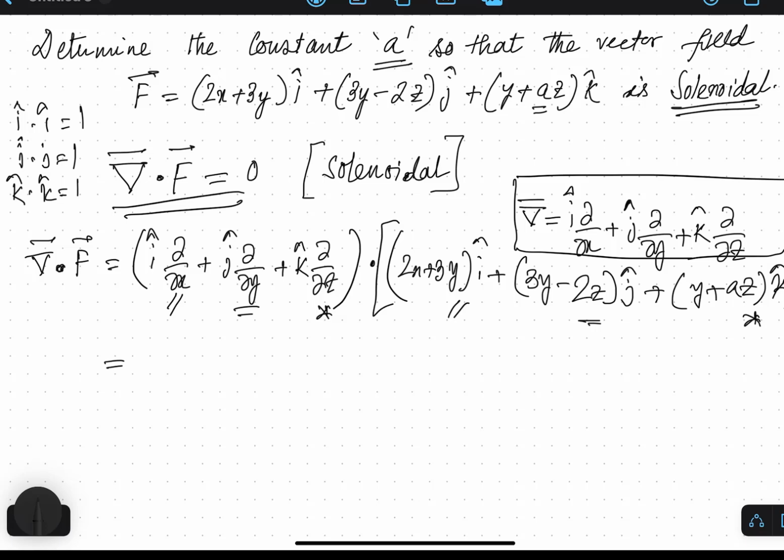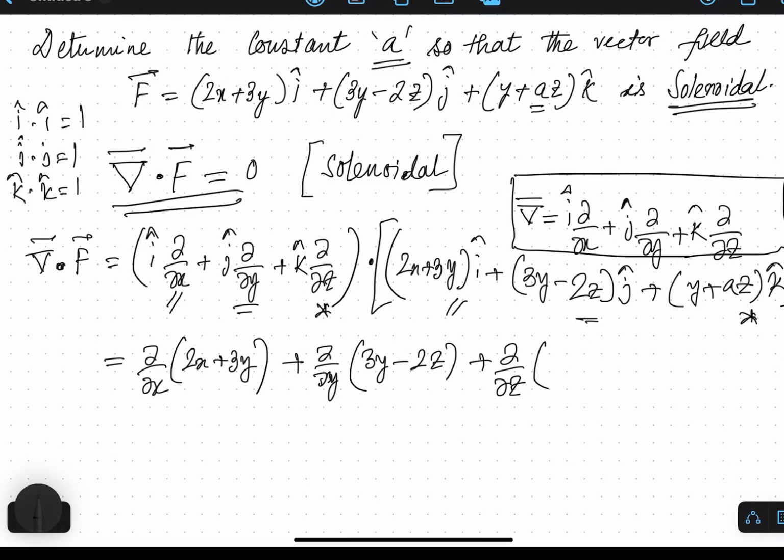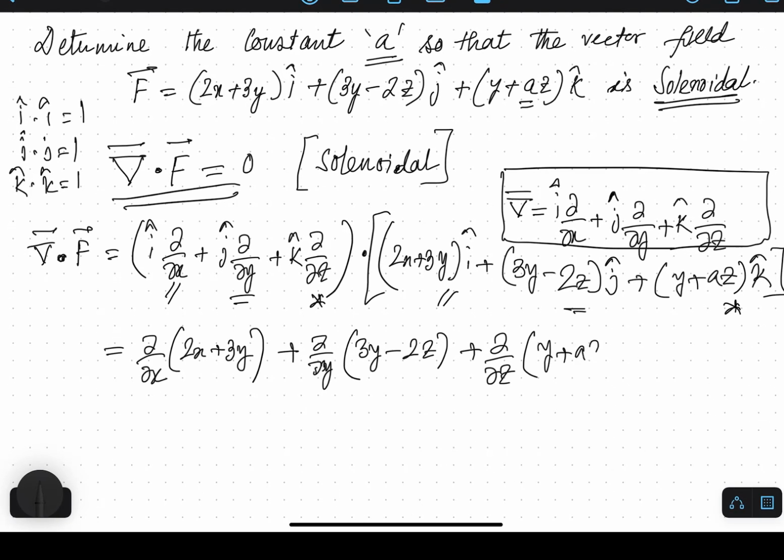So I dot i gives 1, and I have the remaining term del x of (2x + 3y). Then I have del y of (3y - 2z). Then I have del z of (y + az). And this value I should equate to 0.